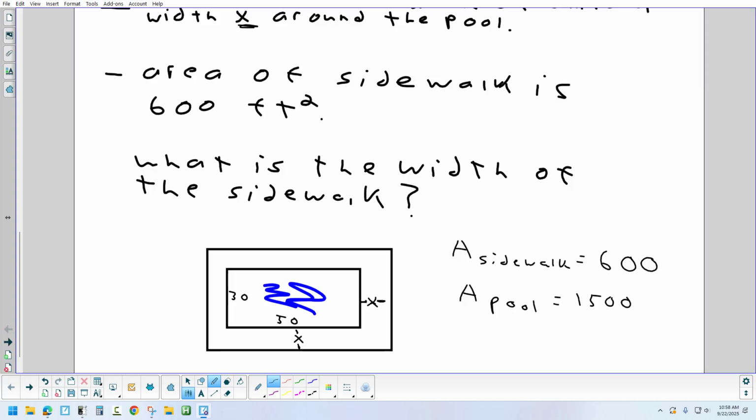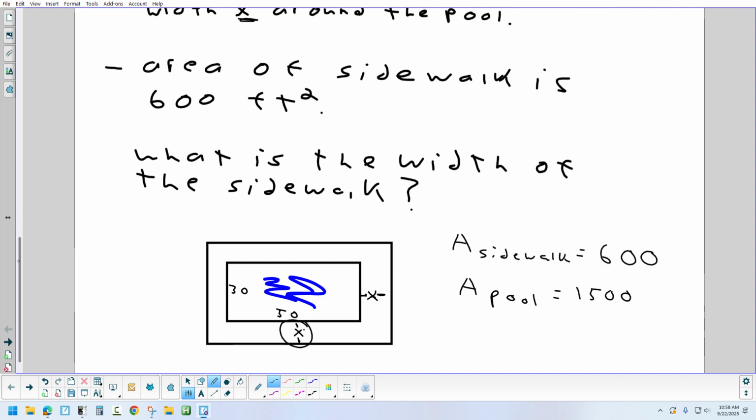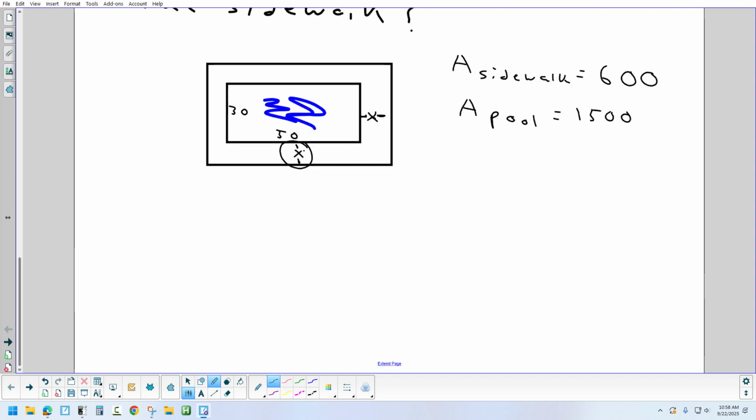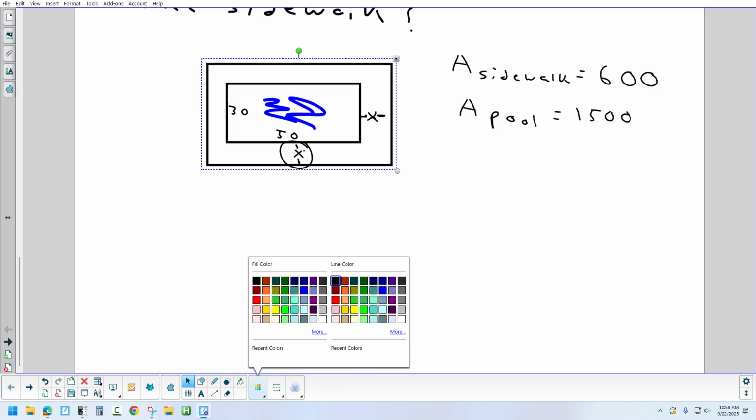All right. Now we need to come up with an equation that's going to connect somehow the two things that we know and the thing that we don't know, which is the width of the sidewalk. So let's think a little bit about this big rectangle. Let me make it a different color. Make it purple.